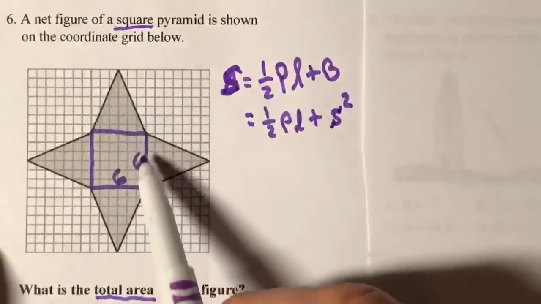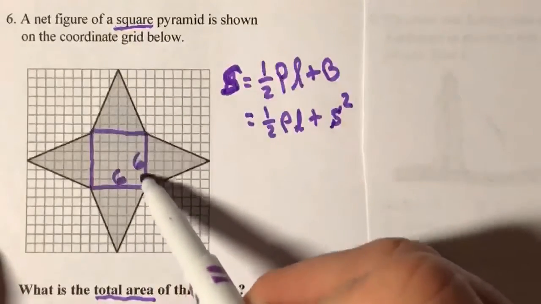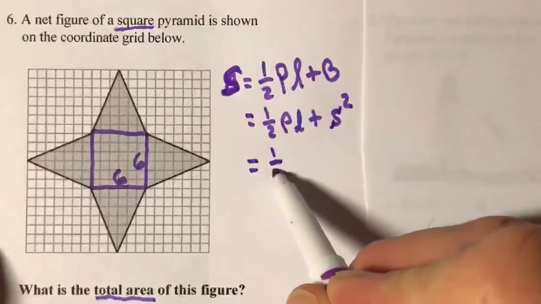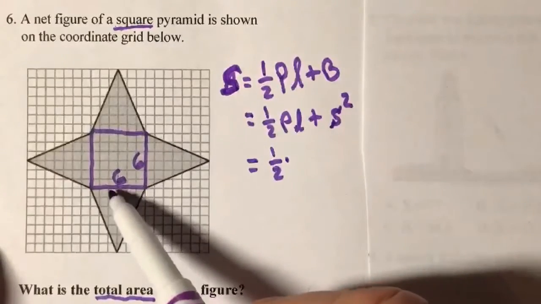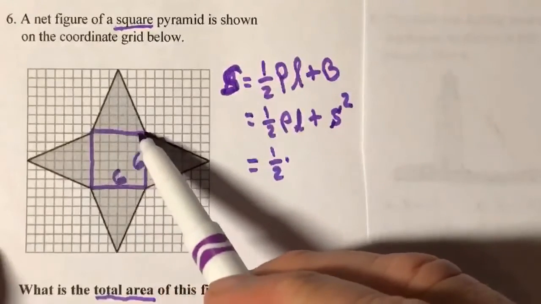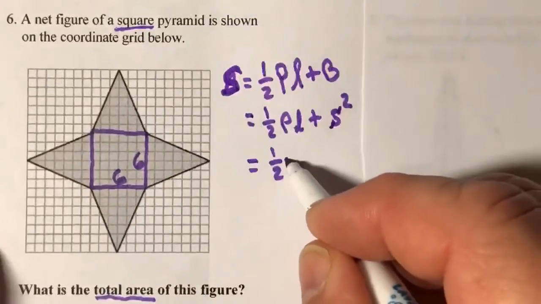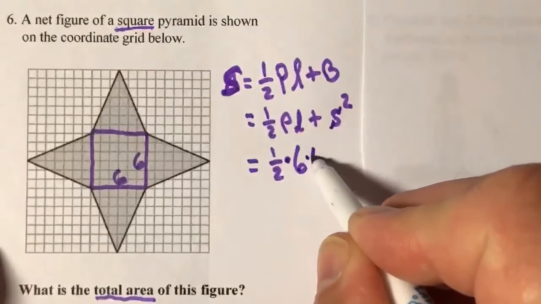Every one of these base edges is 6. To find the perimeter, that's 6 plus 6 plus 6 plus 6, or 6 times 4.